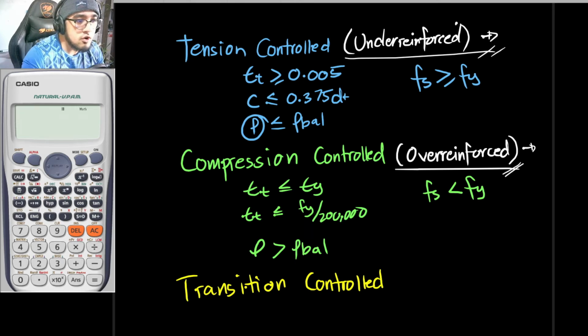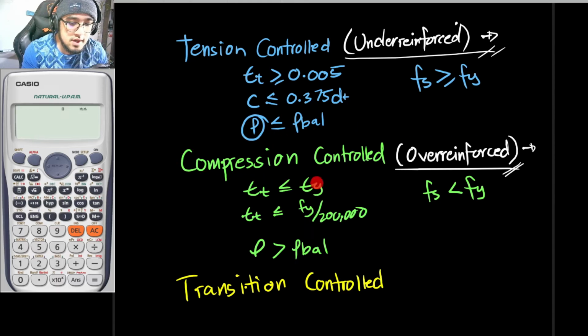But for your compression controlled or over-reinforced, the failure is much more abrupt, or let's say a brittle failure. So brittle failure yan. If your member is compression controlled, mas mabilis masira yung building. Without warning, it would fail.